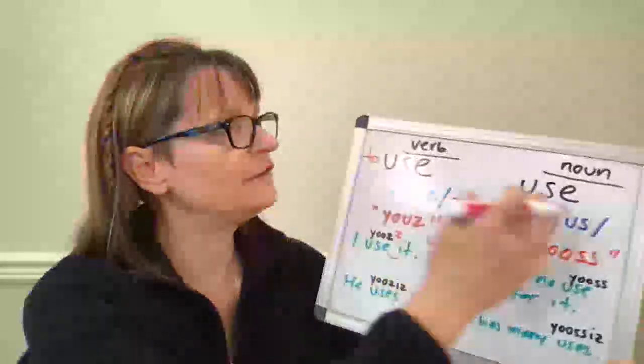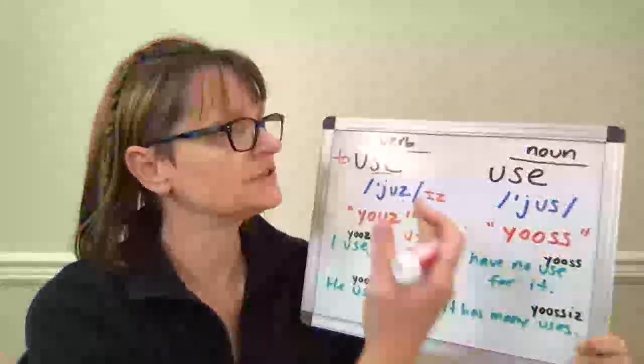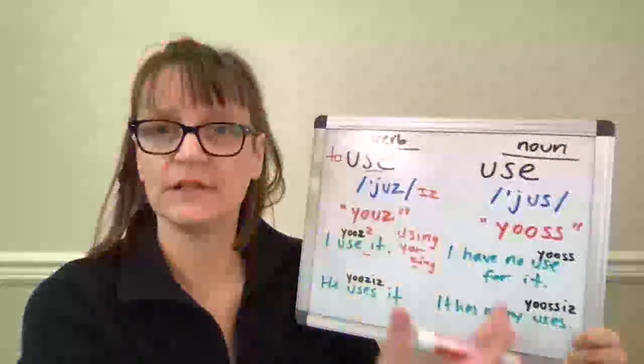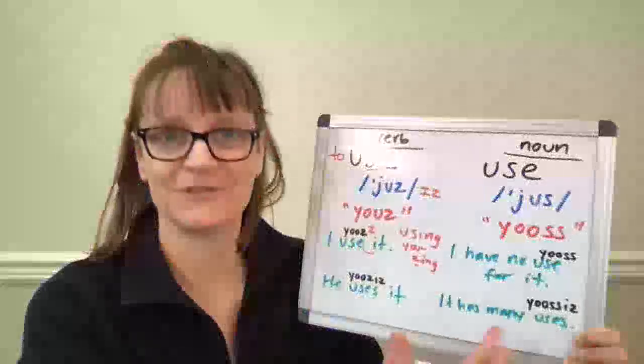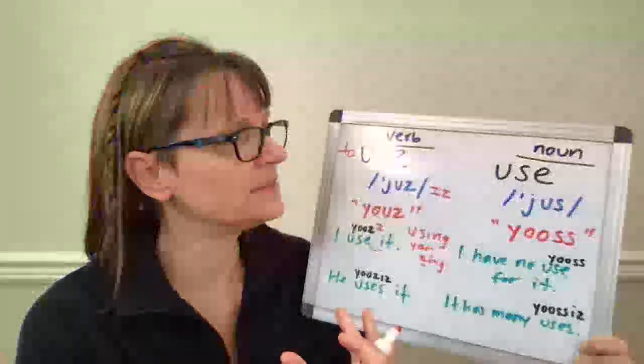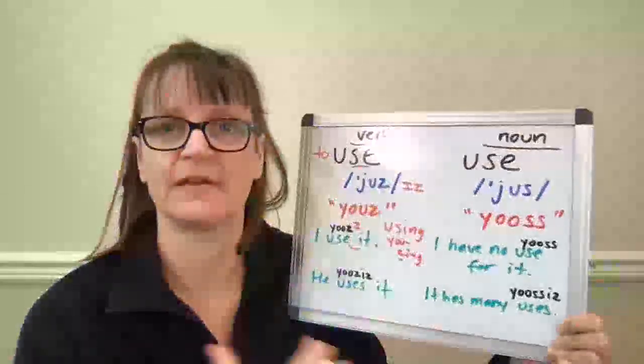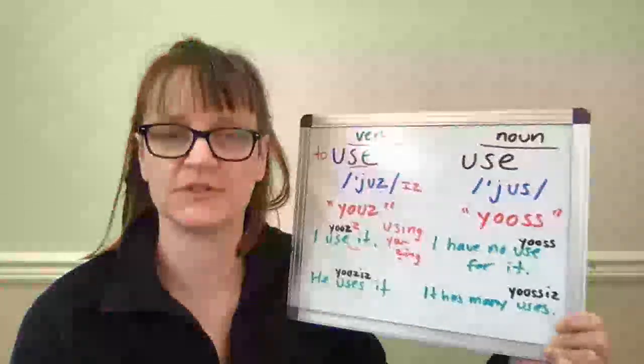Then when we have the noun use, the use or a use, this is a little less common in terms of its use, but you can hear how it naturally comes up. And so that just means whether or not I have a use for something, the purpose of it or the use of it.